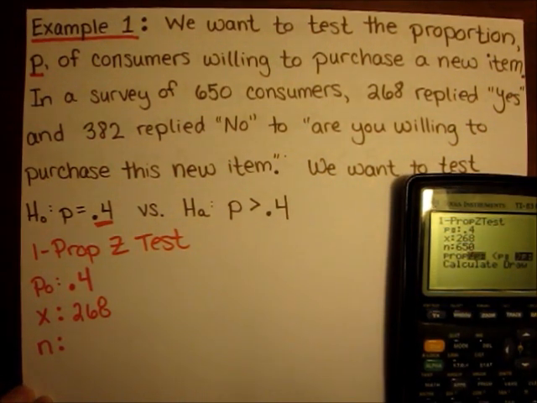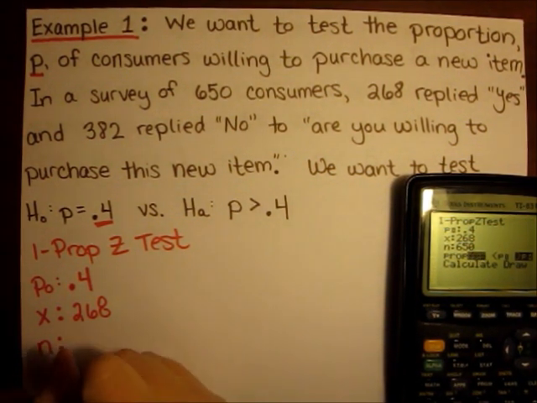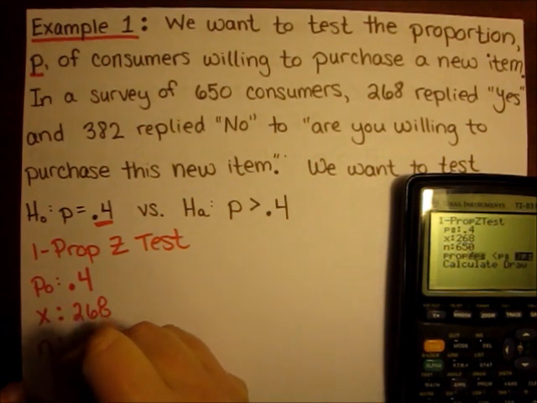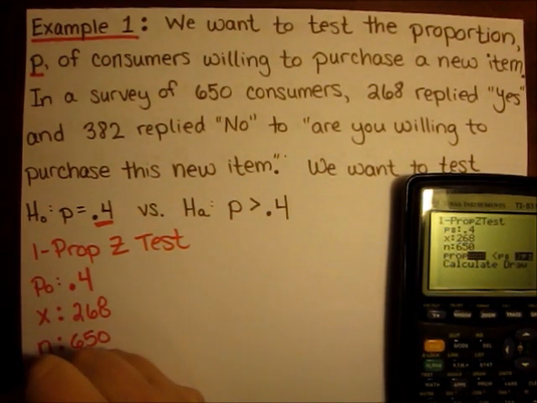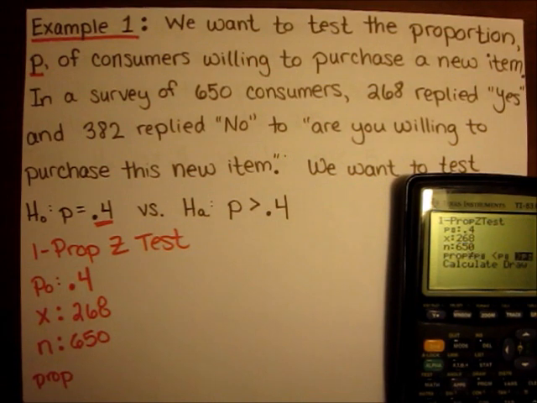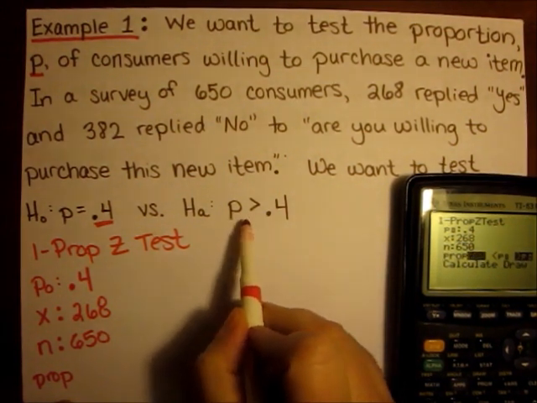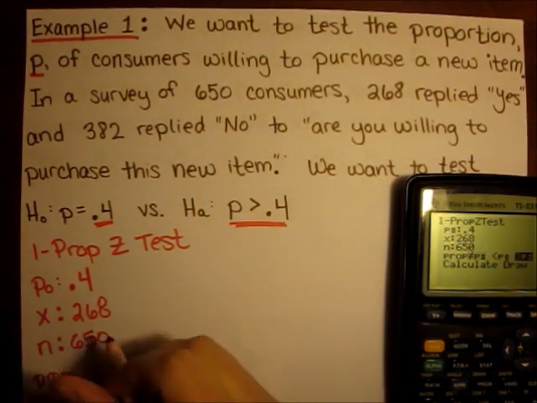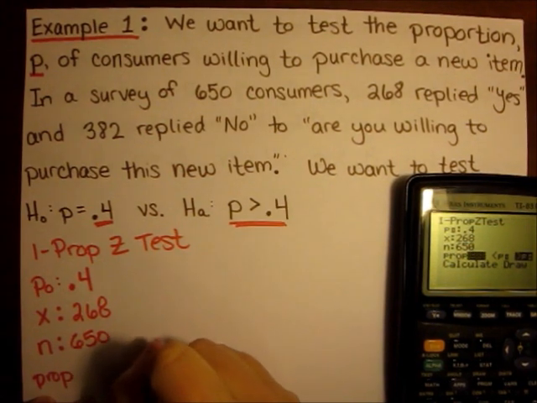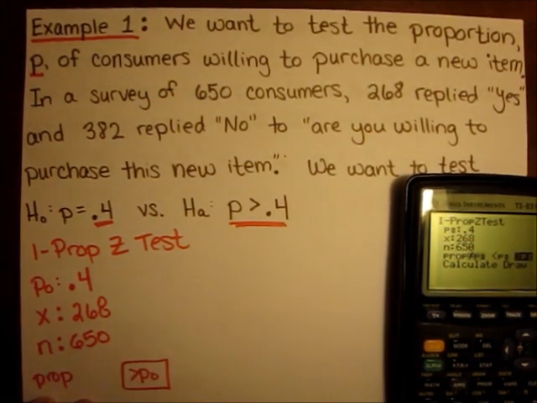And then the last line is, what does my alternative hypothesis look like? My last line says prop, and I have to choose something to highlight, and I want bigger than p0. So I want to highlight bigger than p0. If it's not already highlighted, arrow over it, press enter, and then go down to Calculate.